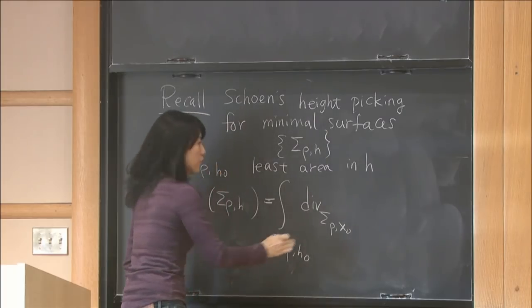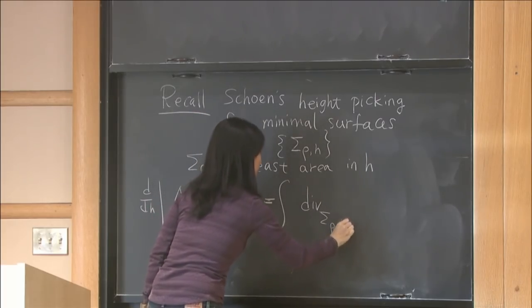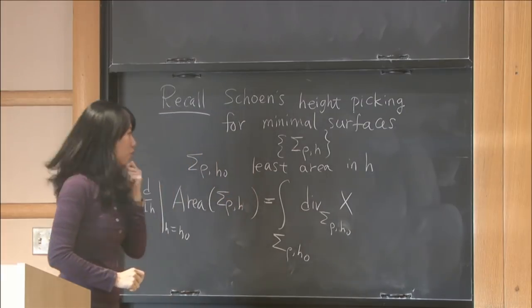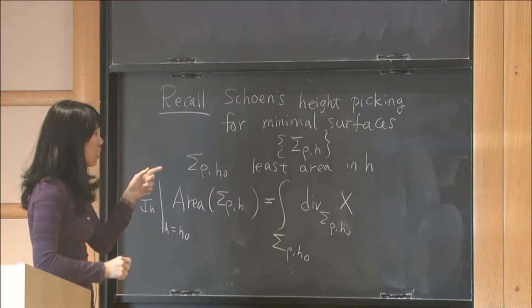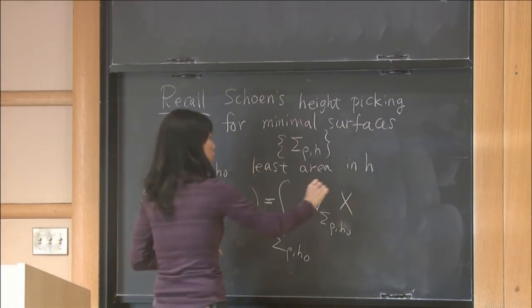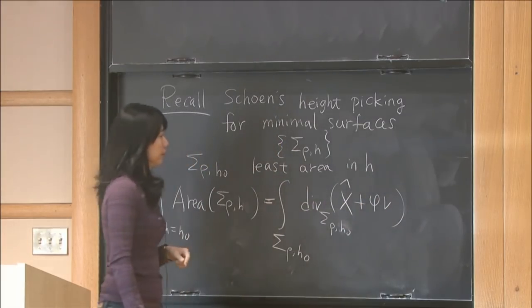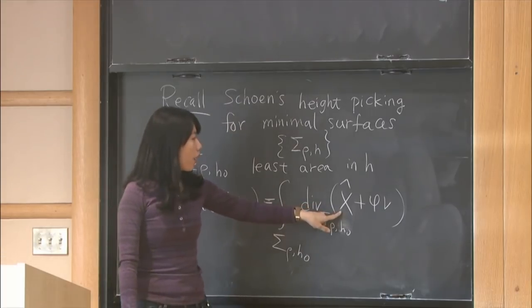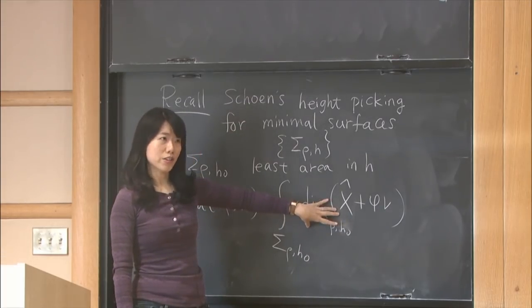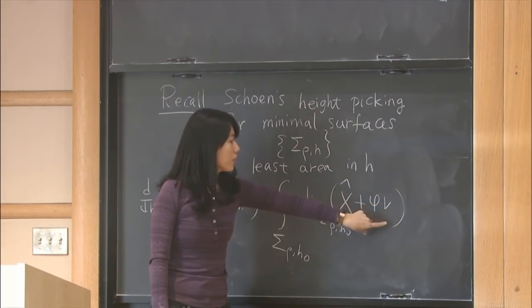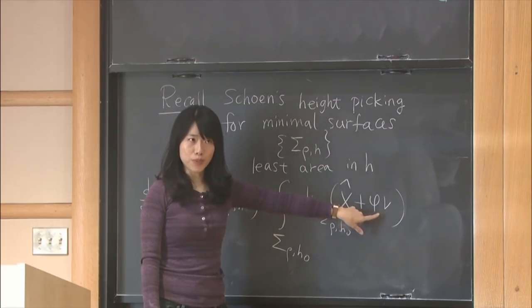It's just the first variation of the area. And X is a deformation vector field. So you can do the same thing, decompose into the tangential and the normal direction. And for the tangential part, we can do integration by parts. They give a boundary term. And this term will be the mean curvature times phi, which will be 0.